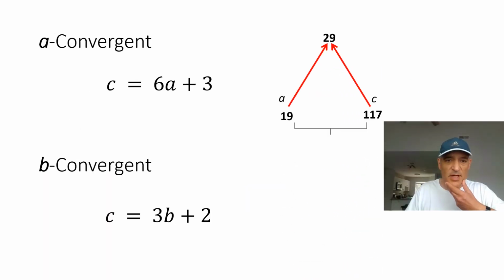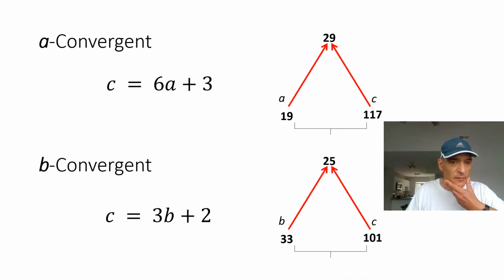I want to draw your attention to a property of A convergence and B convergence, and that is there is a fixed relationship between the two inputs. So in the case of A convergence, where the inputs are A and C, we see the relationship is 6A plus 3. So 19 times 6 plus 3 is 117. It's not arbitrarily to do with those numbers.